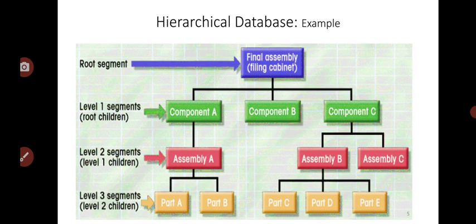In the level 2 segments, component A has assembly A, component B has nothing, and component C has assembly B and assembly C. In turn, at the level 3 segments, assembly A contains part A and part B, assembly B contains part C, part D and part E, and assembly C contains nothing. So that is all about the hierarchical database.